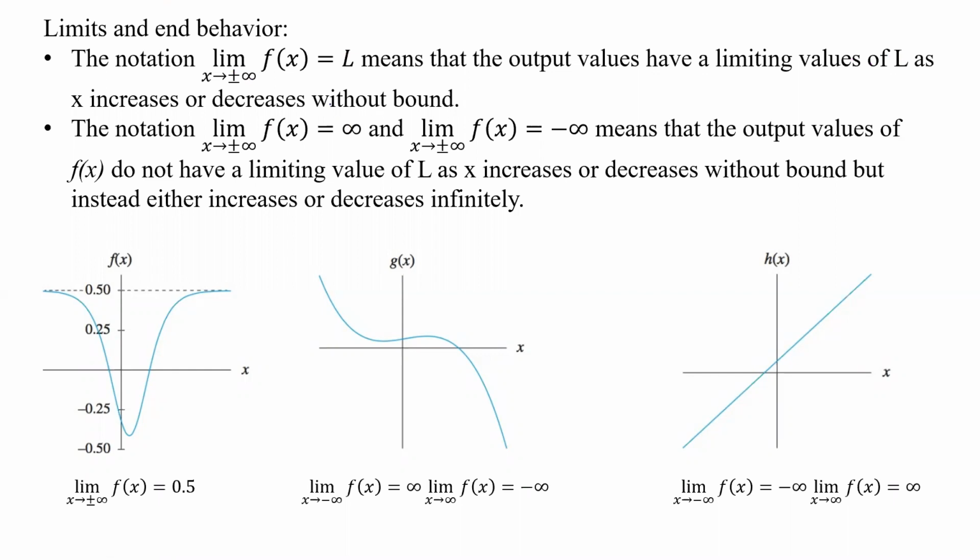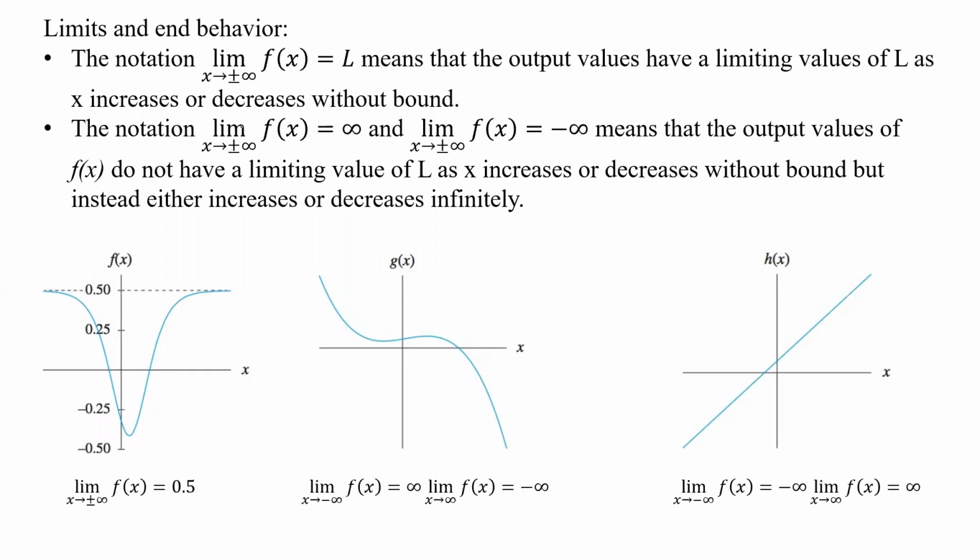And so what we can see here in this case, when we go left or right, we're approaching 0.5, whether x is going to the positives or as x is going to the negatives. And this is what we see. So the limit of f of x, whatever this function is, equals 0.5 as x approaches positive and negative infinity. And this time we're approaching them both from the bottom.